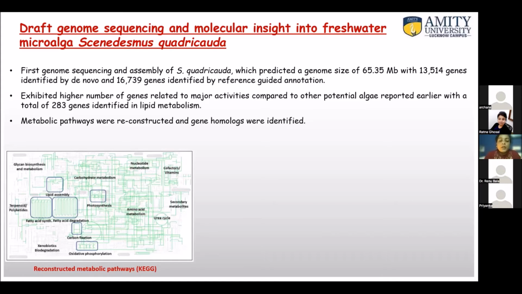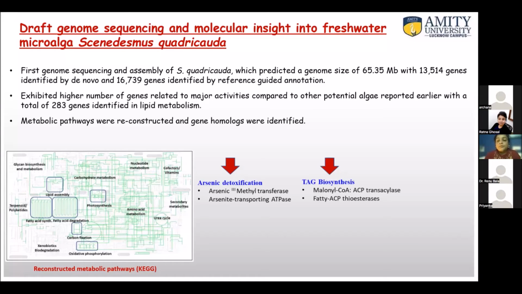After that, we reconstructed the metabolic pathways, and after reconstructing this metabolic pathways, we have identified the genes for arsenic detoxification. We have identified the genes for TAG biosynthesis, that is triacylglycerol, that is lipid production. So triacylglycerol biosynthesis pathways, genes are also identified.